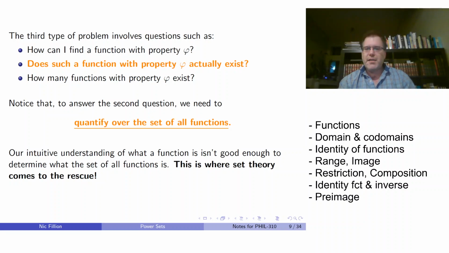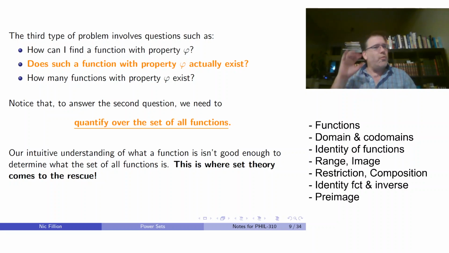If the collection of functions isn't really sharply defined, the answer to a question like does such a function exist is not well defined, right? If you find one, you succeeded, but if you didn't find one, you can't conclude either way. You can't conclude that there isn't one because you don't have a reference class with respect to which you're making that claim. So you might continue to search, but maybe it's in vain, right?